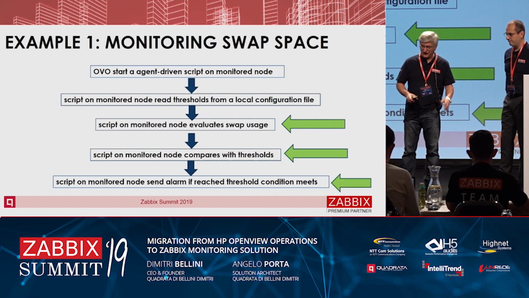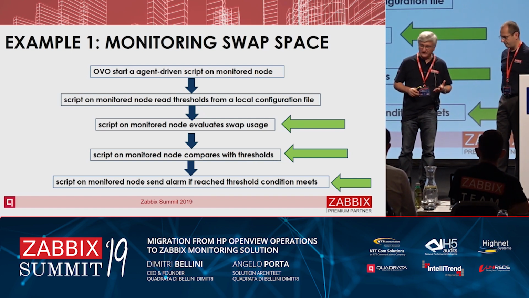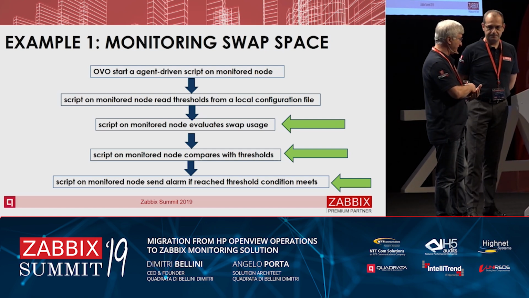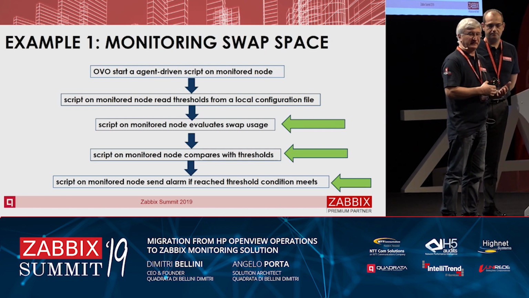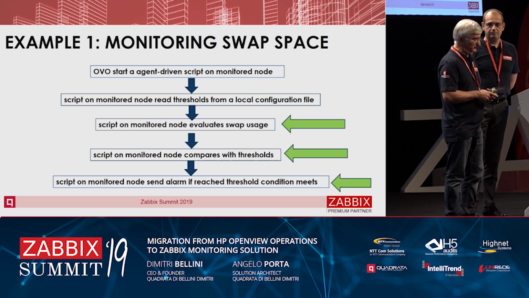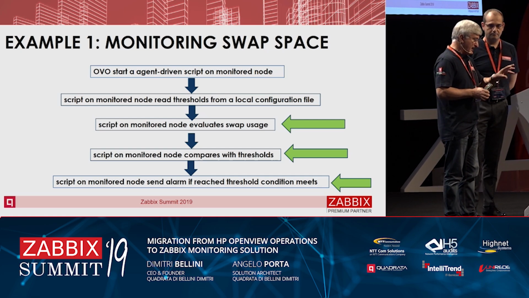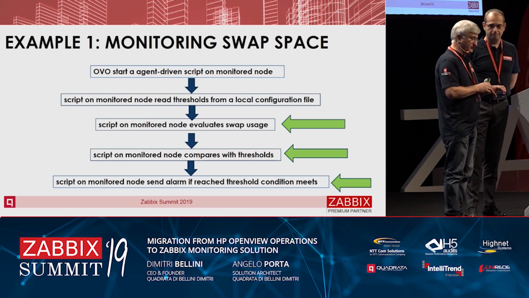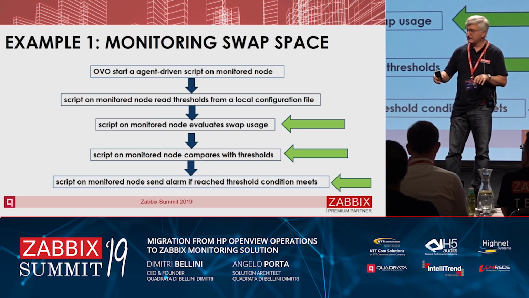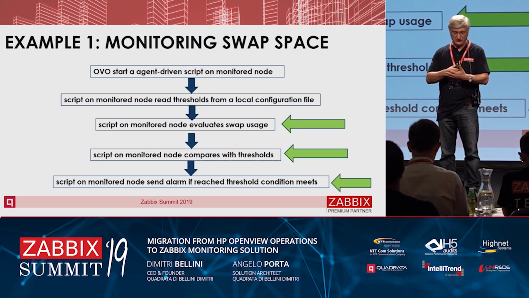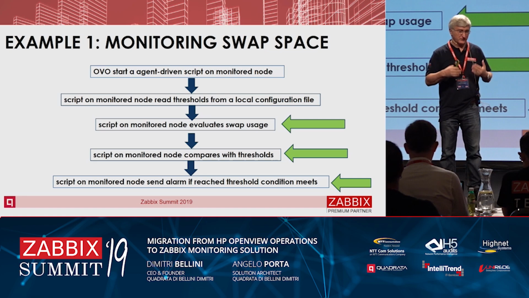Okay, I have a couple of examples here of the way we translated this from HP OpenView to Zabbix. Let me say, for instance, the monitoring of swap space. Monitoring of swap space works this way. The engine starts a script on the client. The client reads the threshold from a configuration file.